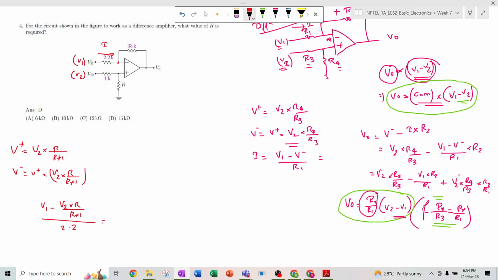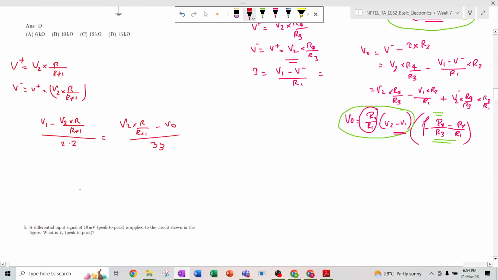So this current will be equal to... there will be no current flowing in the op amp, so that current will be equal to the same voltage like Vx, which is nothing but V2 into R divided by R plus 1 minus VO divided by 33.